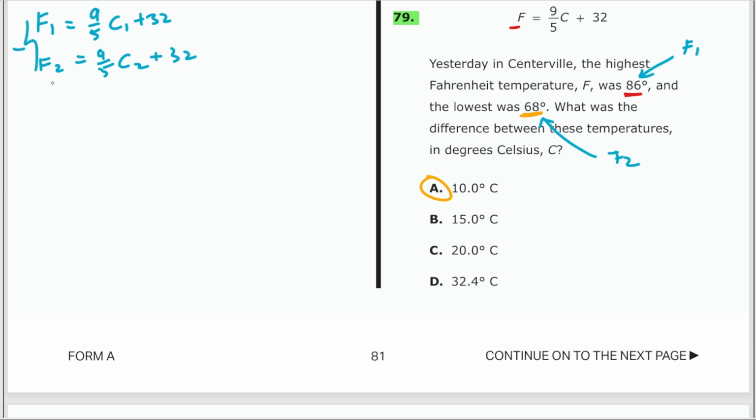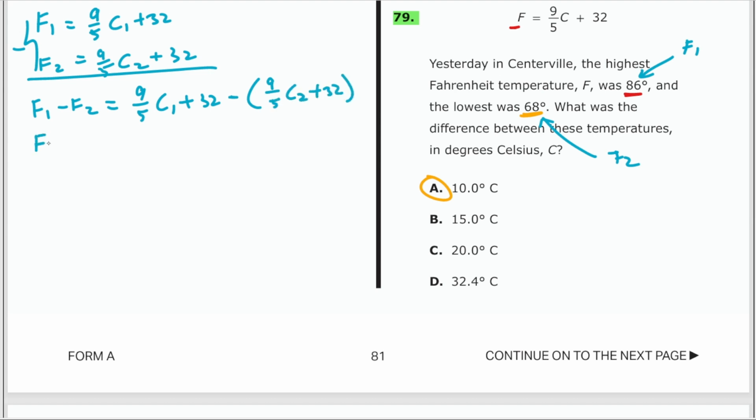When you subtract them from each other, you're going to have F1 minus F2 is equal to 9/5 C1 plus 32 minus 9/5 C2 plus 32. So F1 minus F2 is equal to 9/5 C1 plus 32 minus 9/5 C2 minus 32, because this minus will get expanded to both terms. So you can cancel the 32, which is exactly what you need to do.